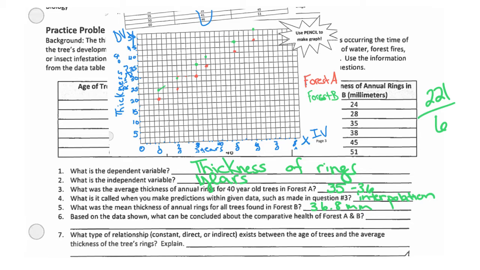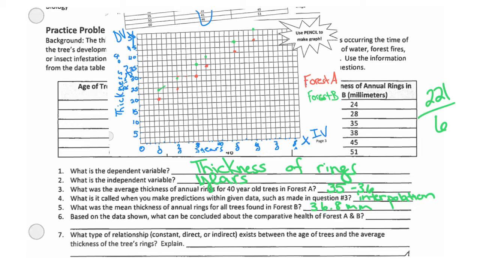Okay, based on the data shown, what can be concluded about the comparative health of Forest A and Forest B? Well, we can clearly see that Forest B had thicker rings. So you could say that Forest B had thicker rings from the beginning, so Forest B must have had good weather conditions, good conditions for the tree to grow.